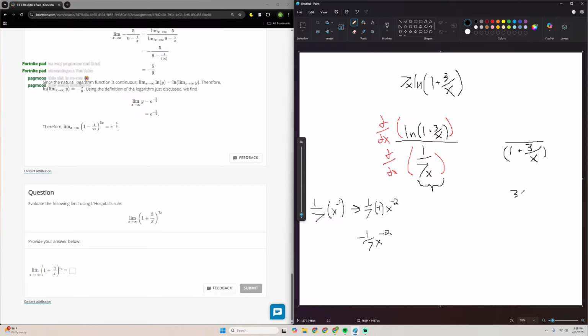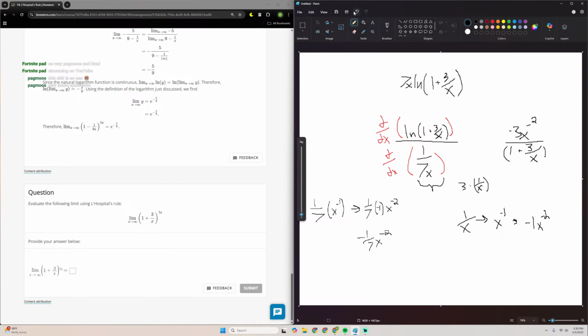3 over x is just 3 times 1 over x. And 1 over x is just x to the negative 1, so the derivative is negative 1 times x to the negative 2, which makes this one negative 3 x to the negative 2.